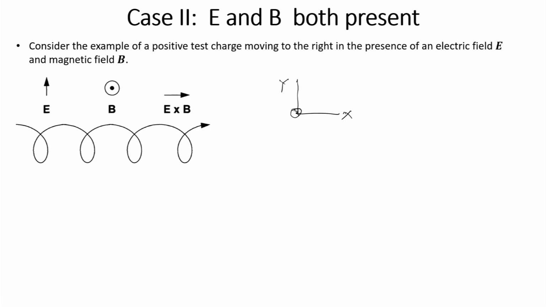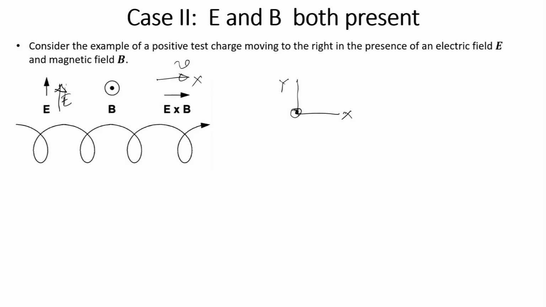So, here the magnetic field is coming out of the paper. We assume that, since this dot is there, it means it is coming out of the paper, and the electric field is in the y direction. So, electric field in the y direction, magnetic field in the z direction, and we are assuming the particle is moving in the x direction.